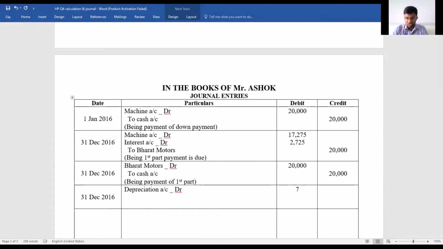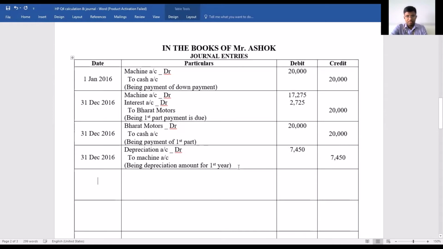And we know that the depreciation amount is 7,450, and this gets charged against the machine account, 7,450 being the depreciation amount for first year. So that has been completed.